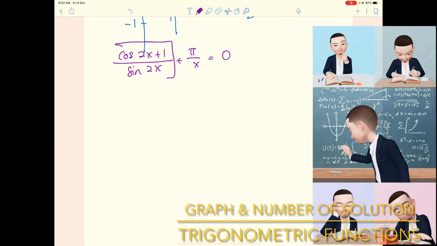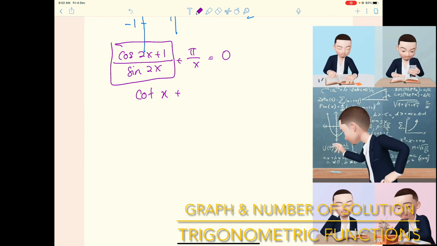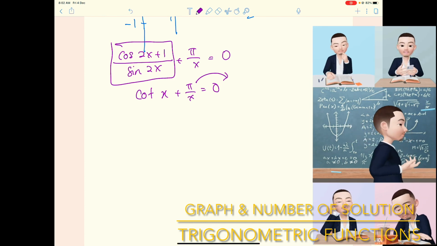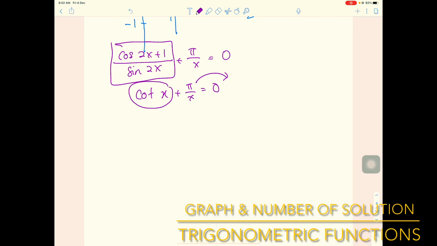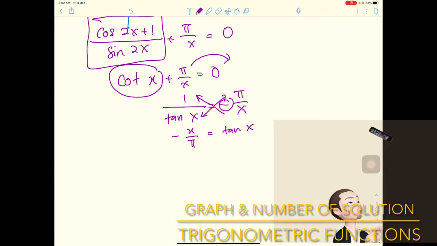So this is actually cot x plus pi over x equals to 0, and bring to the right hand side. So cot x equals 1 over tangent x equals negative pi over x, and then cross multiply, so tangent x equals x over pi. There is a negative. Don't forget to put the negative.